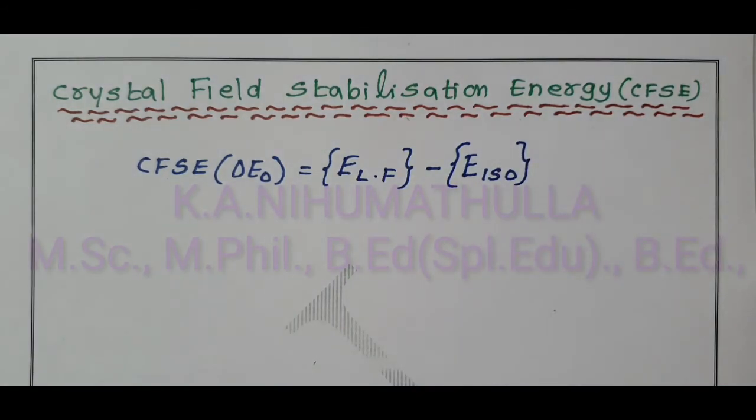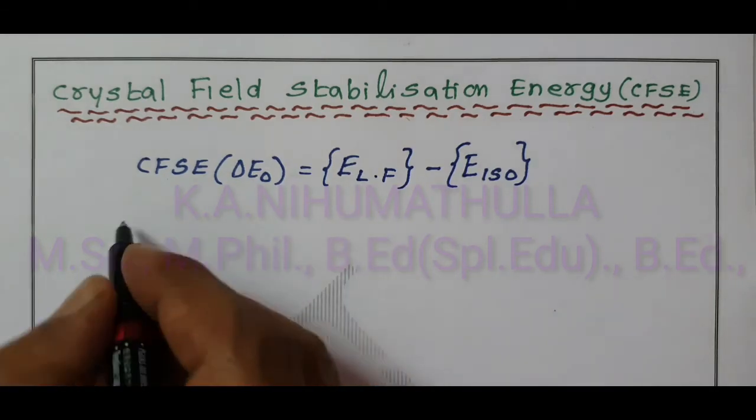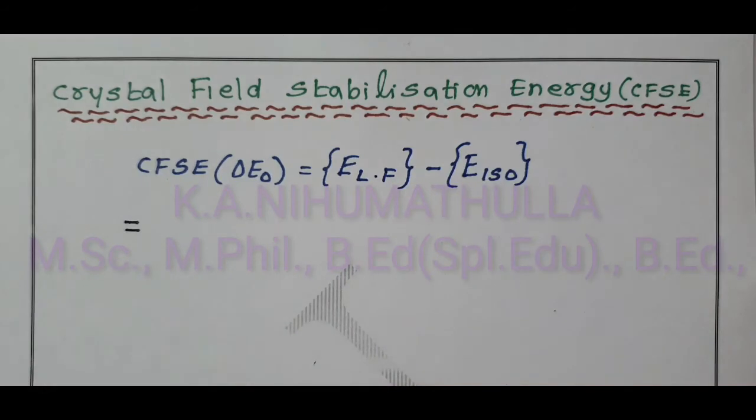How to calculate the electronic configuration of the ligand field?